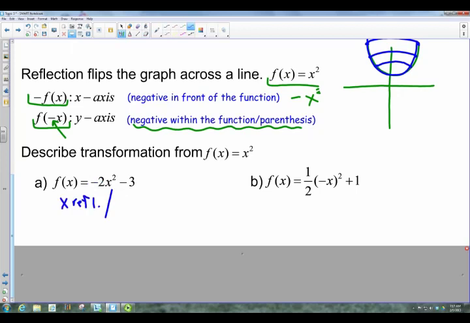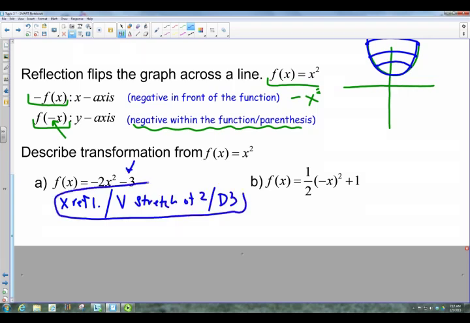Now the 2, we just saw this previously, that's a form of dilation, a vertical stretch. So it's a vertical stretch of 2. And then finally you've got this -3 here. Since it's outside the function, the minus moves it down, so we would say it goes down 3, and there is the entire list of your transformations.